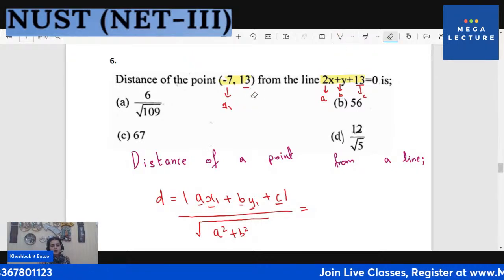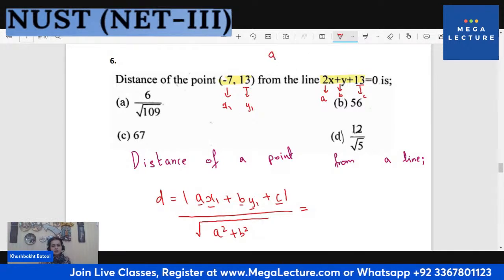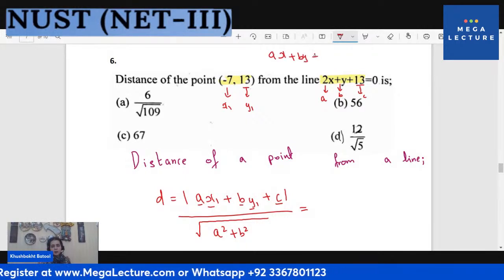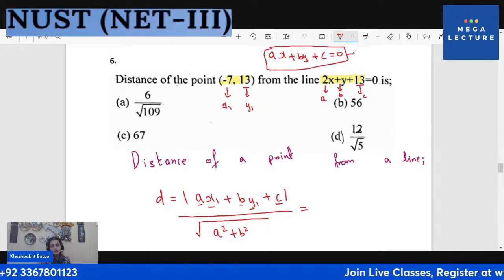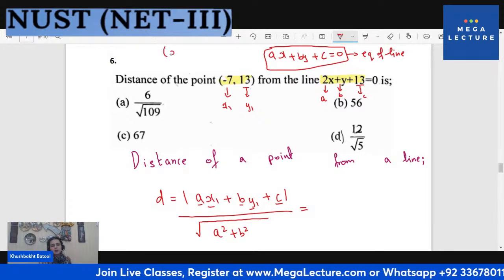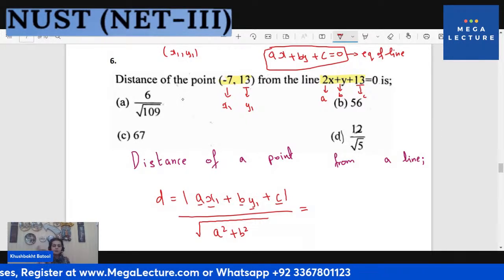I keep on writing it as x2 for some reason. So it is basically ax plus by plus c equals 0. This is the equation of your line. And the point is x1 and y1. So using all the things written in red, you would be able to make sense.